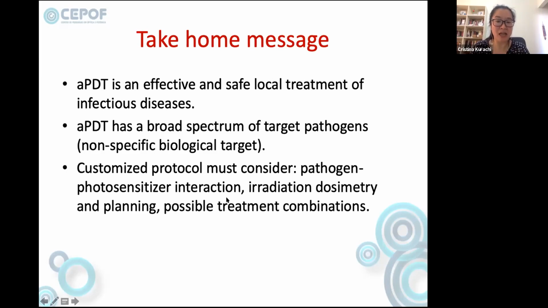Then we customize the application depending on the radiation planning, dosimetry, and the optical geometry that we have to use, depending on the target infected tissue, or, as in the case of transplantation that I showed you, in a circulating fluid. There is also the possibility of different combinations of aPDT with other treatment options that may produce a more effective treatment response.